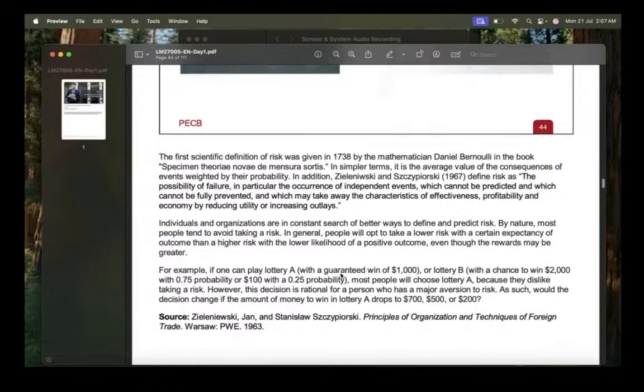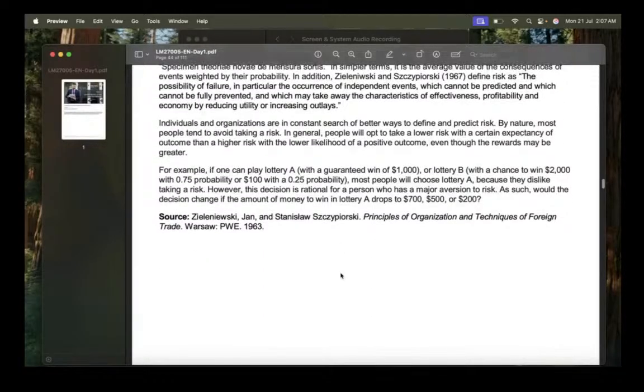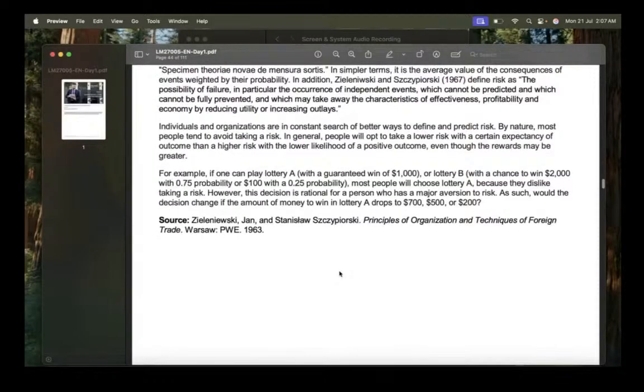If we look at one example given here: one can play lottery A with a guaranteed win of $1,000, or lottery B with a chance to win $2,000 with 0.75 probability, or $100 with a 0.25 probability.